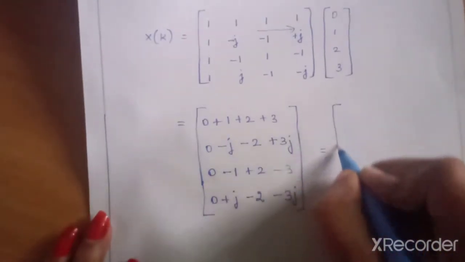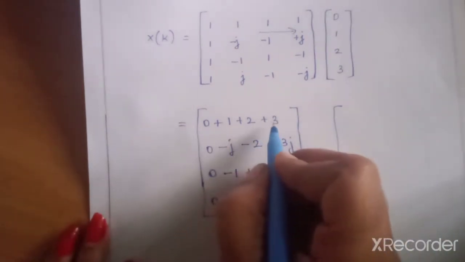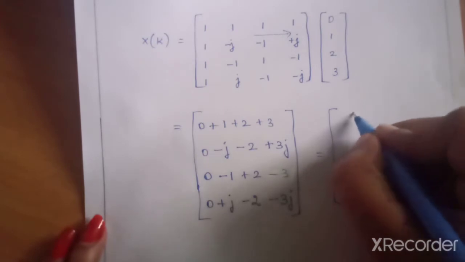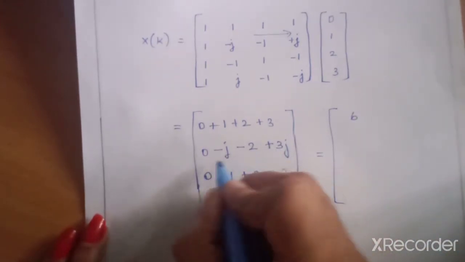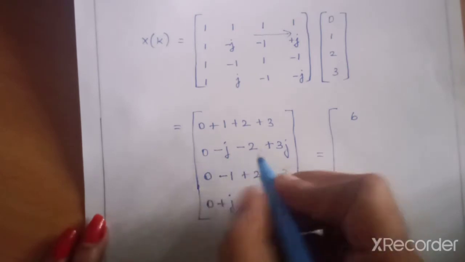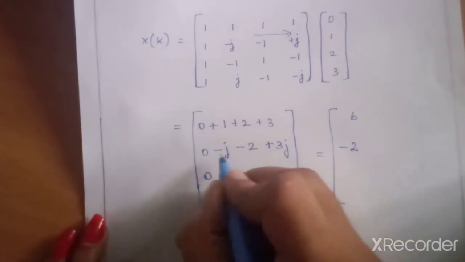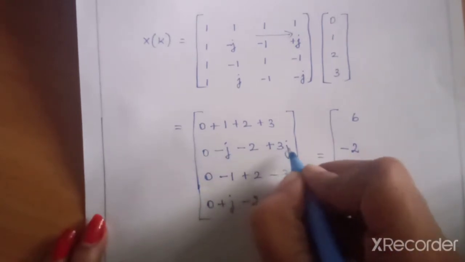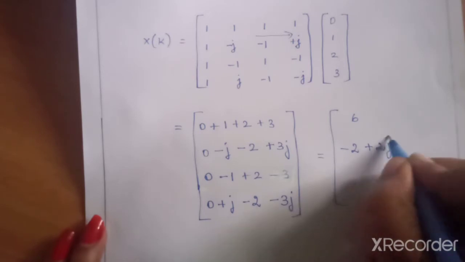Next we have to solve this. 0 plus 1 plus 2 plus 3 will be equal to 6. Next, we have 2 imaginary terms and 2 real terms. The real term will be minus 2, and the imaginary term minus j plus 3j, which will be plus 2j.